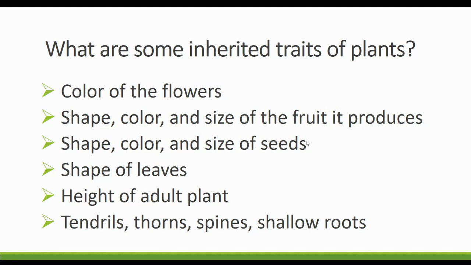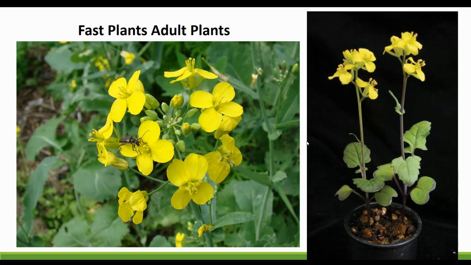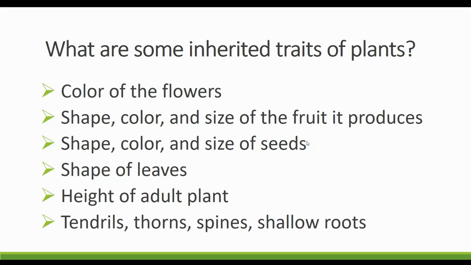So what are some inherited traits of plants? From the examples that I just showed you, the strawberry plant, the corn, and, I'm sorry, the yellow plant, we were able to see that the color of the flowers was inherited. The young plant is usually going to have the same color of flower that the adult or parent plant had. So these are inherited traits.